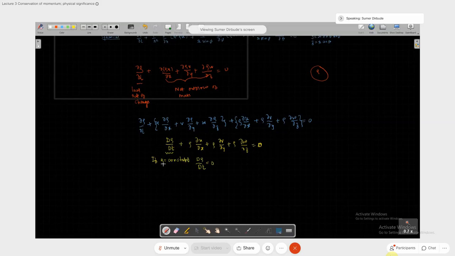And what do you mean by ρ equals constant? This is a special case where the fluid is incompressible.